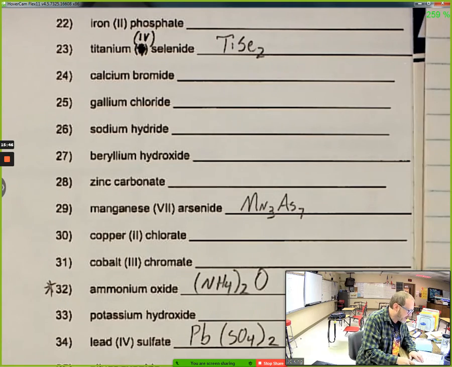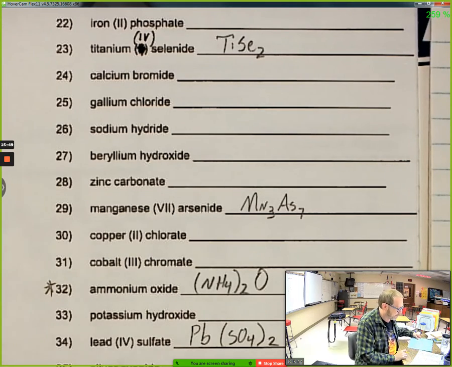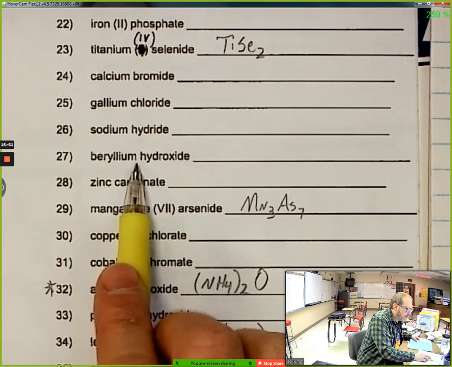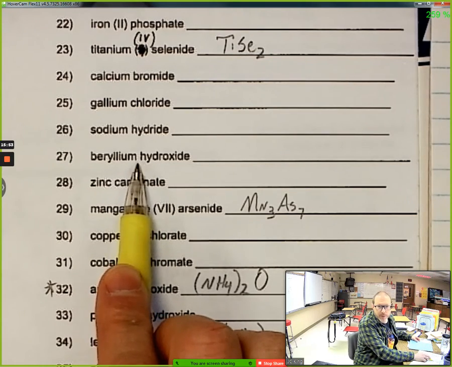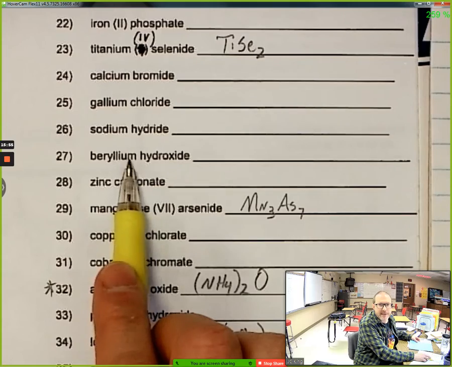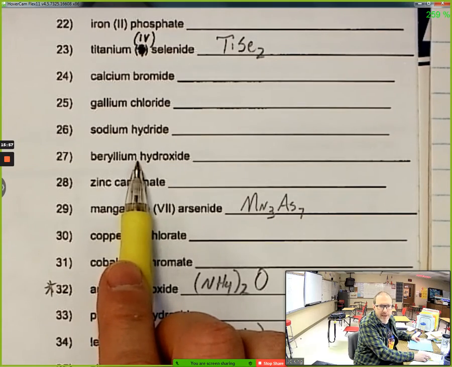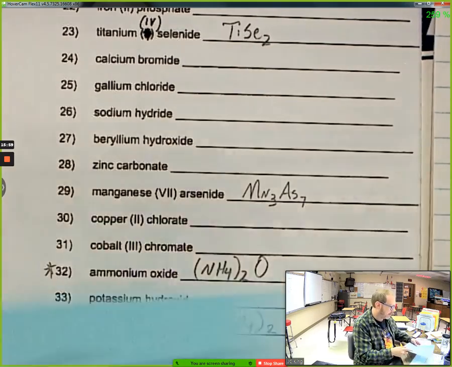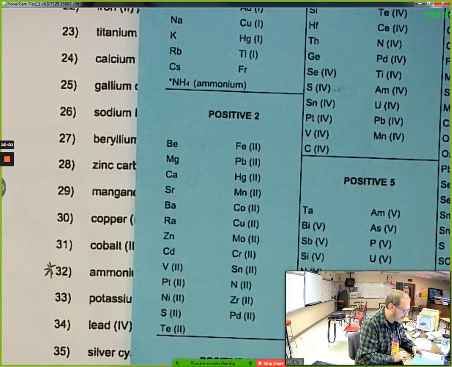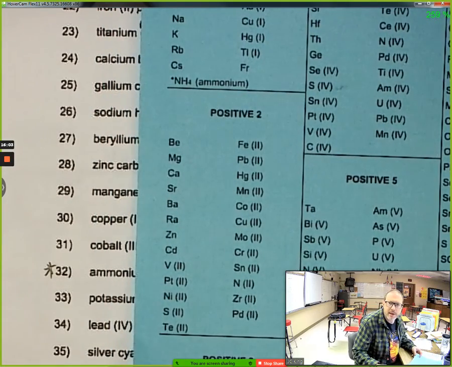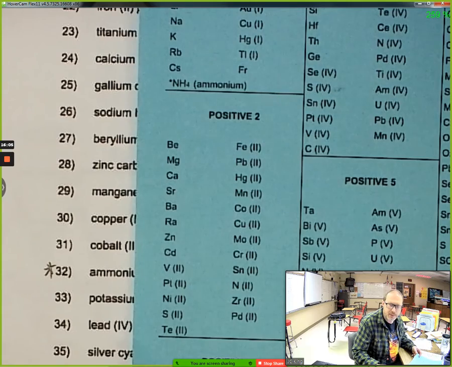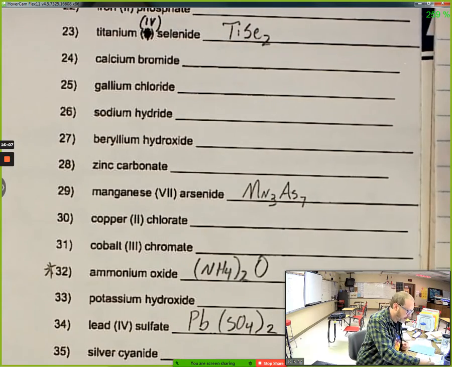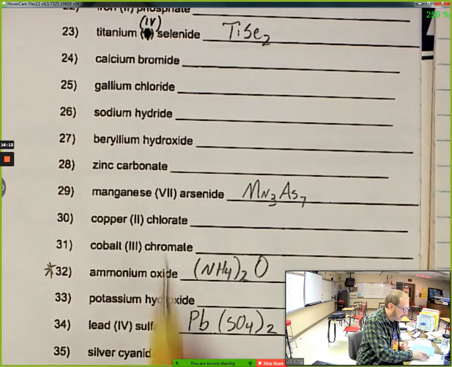Okay. So number 27, beryllium hydroxide. Now, you see how it doesn't give me a Roman numeral there? Okay. That tells me I've got to go find what the charge of beryllium is. Beryllium symbol is Be, and there it is right at the top of the positive 2. So write down that I've got Be with charge of plus 2.